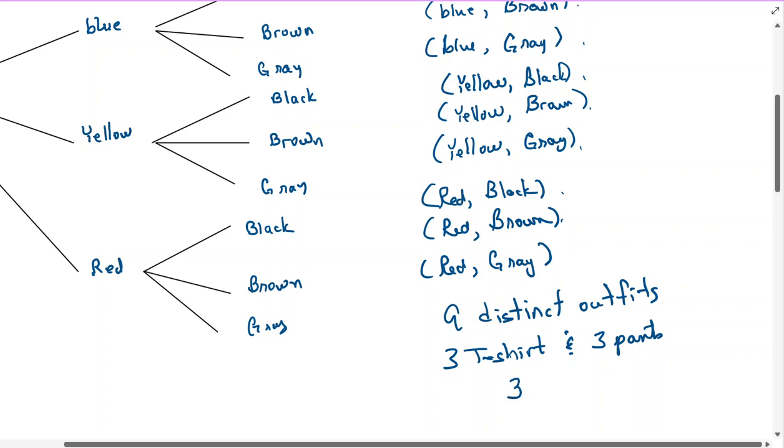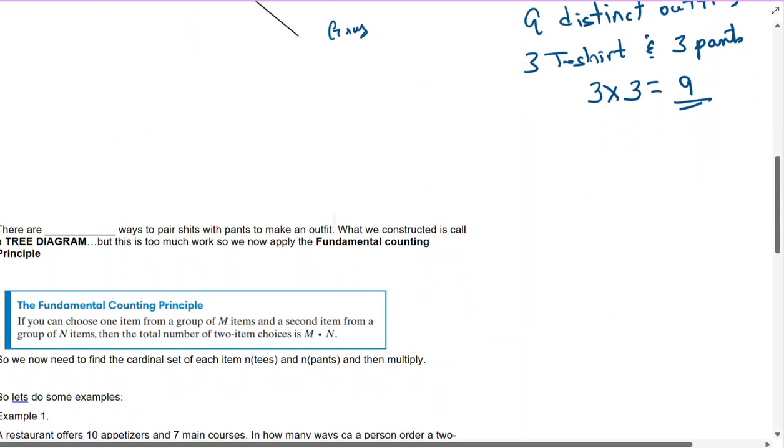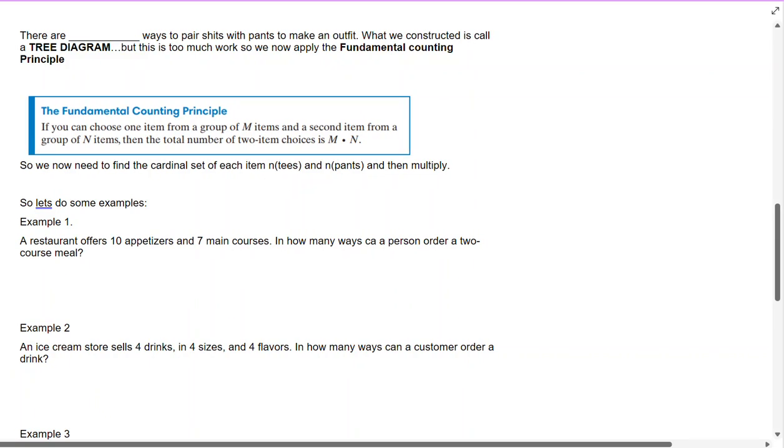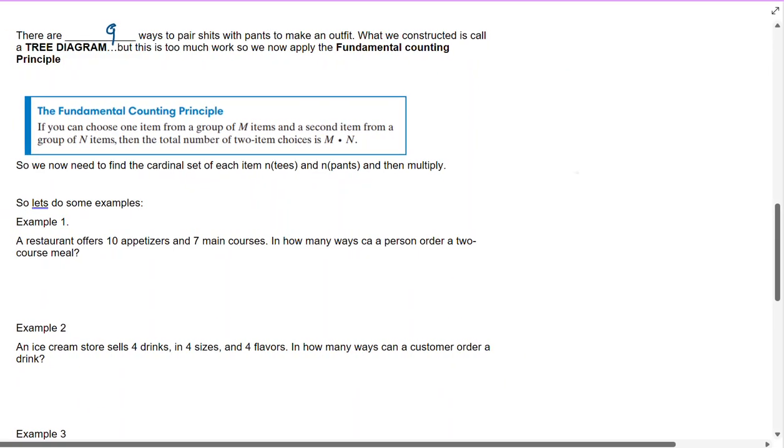There are 9 ways to pair shirts and pants to make an outfit. And this is the fundamental counting principle. It says, if you can choose one item from a group of M items and a second item from a group of N items, then the total number of ways to choose the 2 items is M times N.